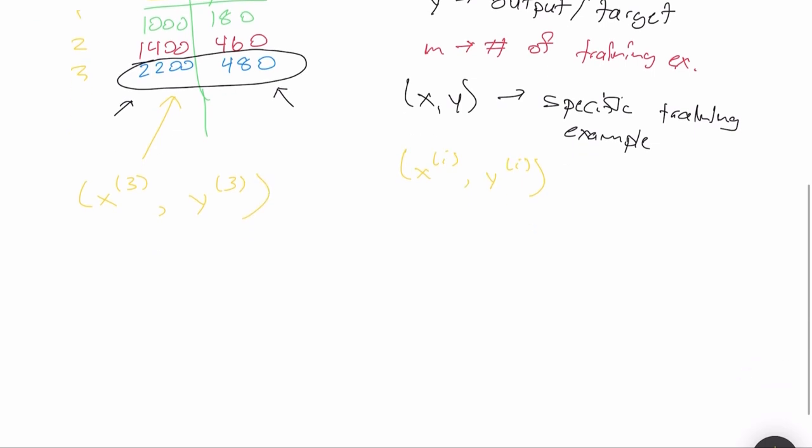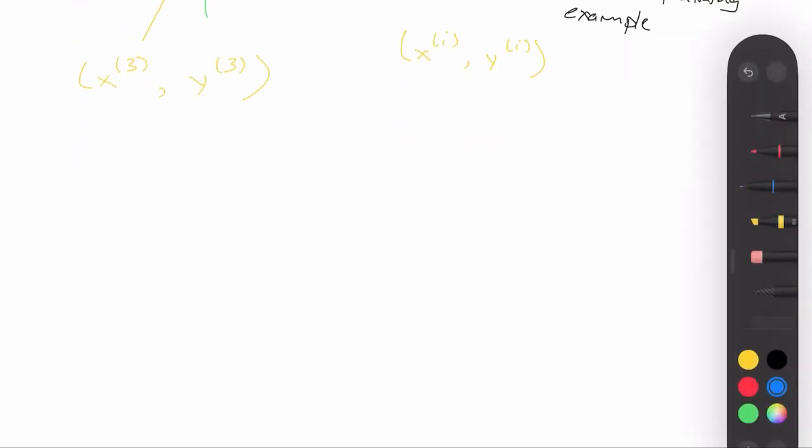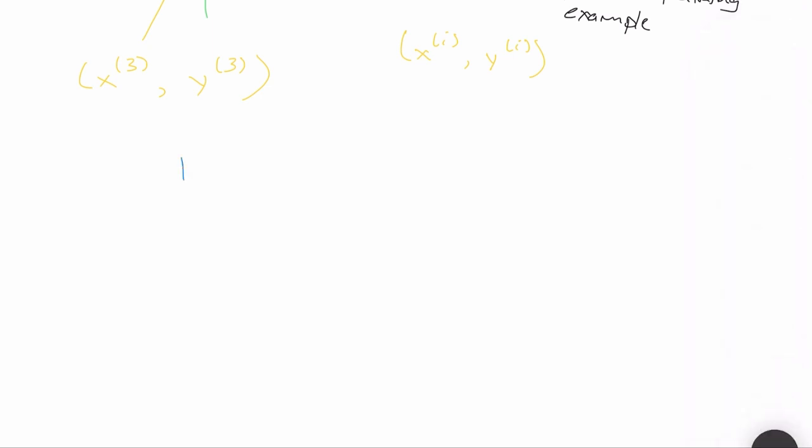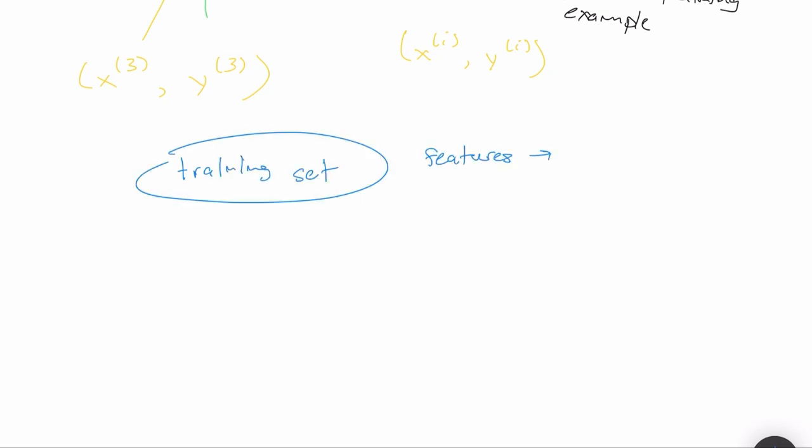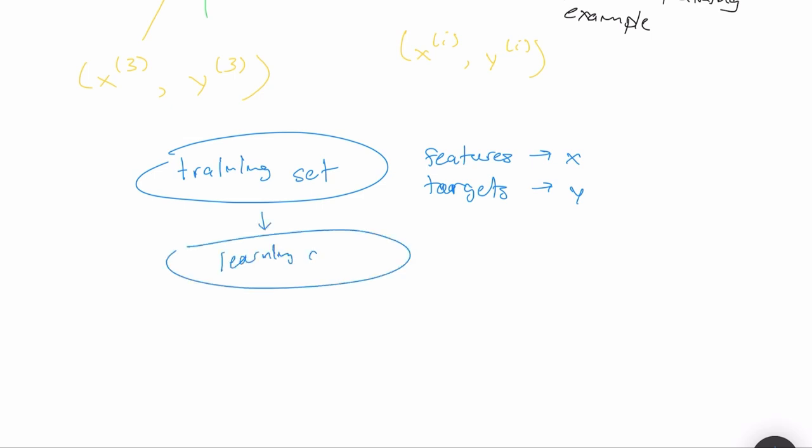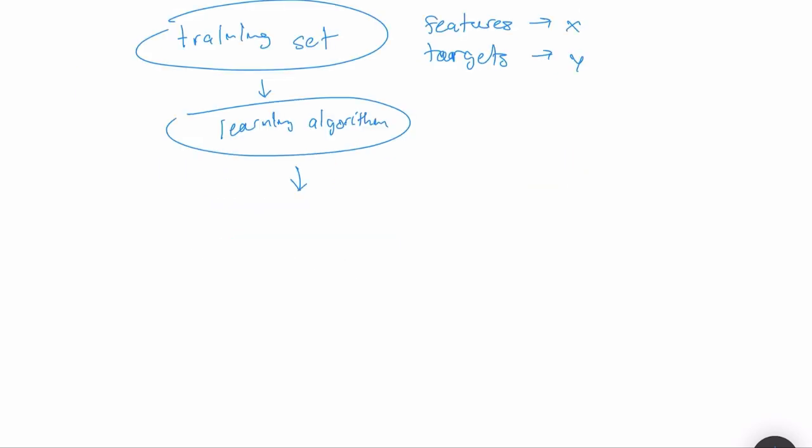And to explain a bit more about what exactly our regression model does, it takes in a training set. And we said that this included the features, so these were the x values, and the targets, and these were the y values. And using this training set, it will construct a learning algorithm. And we can represent this learning algorithm as a function.